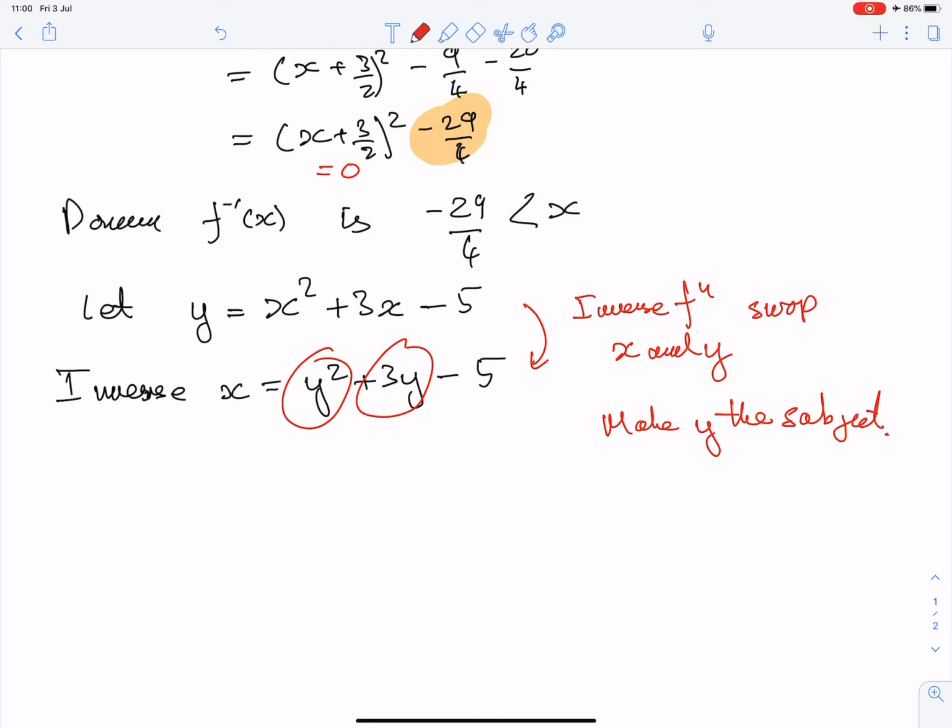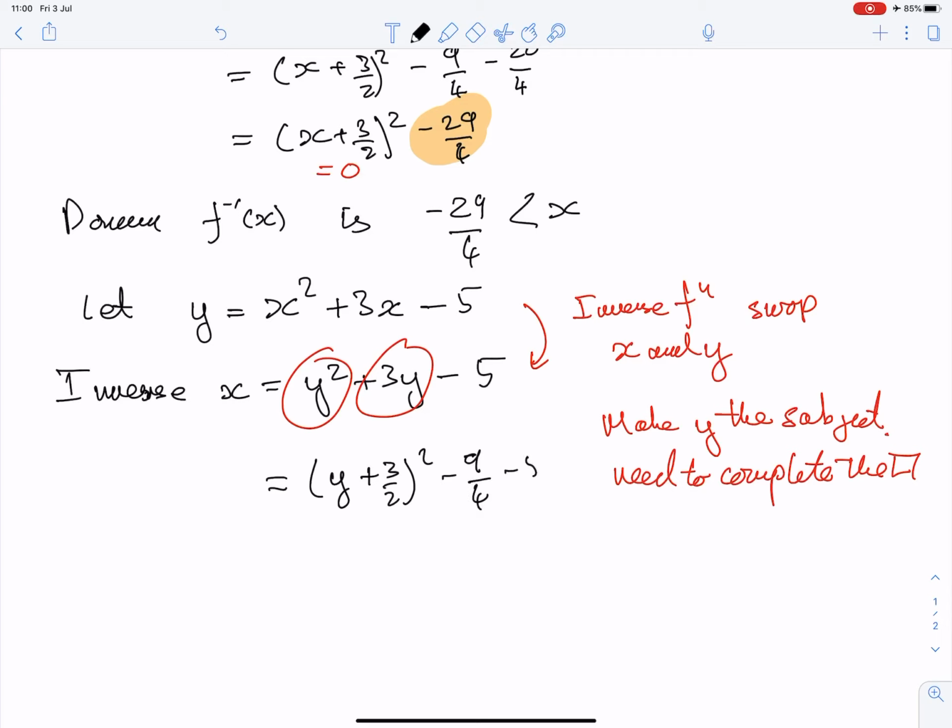So let's complete the square. So we get y plus 3 over 2 squared minus 9 over 4 minus 5, which is y plus 3 over 2 squared minus 29 over 4.